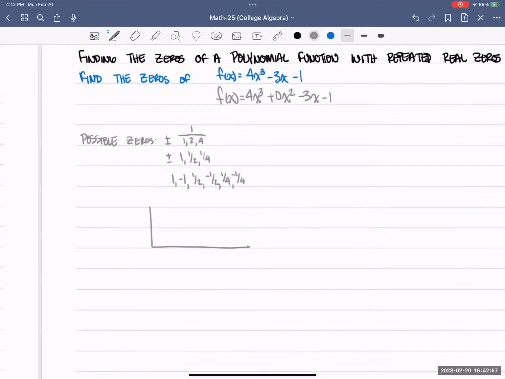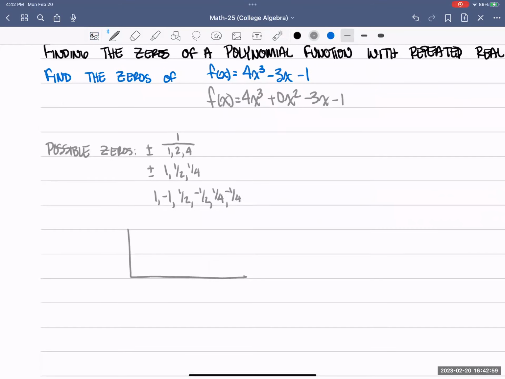So let's see what we have. Coefficients of 4, 0, -3, and -1. I'm going to start off easy. Let's start with 1. So bring the 4 down. 1 times 4 is 4, plus 0 is 4. 1 times 4 is 4, minus 3 is 1. 1 times 1 is 1, minus 1 is 0.